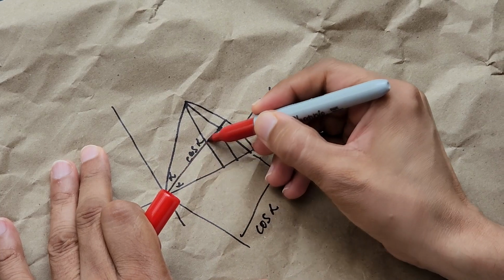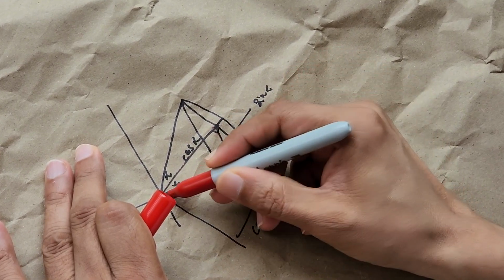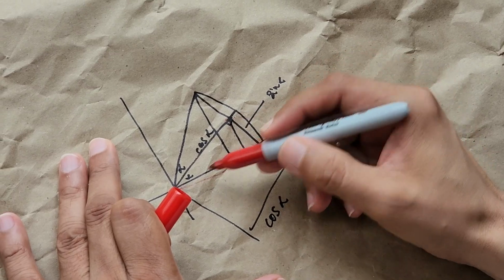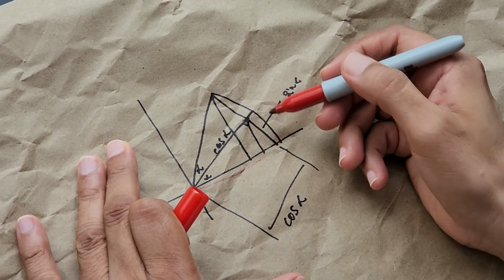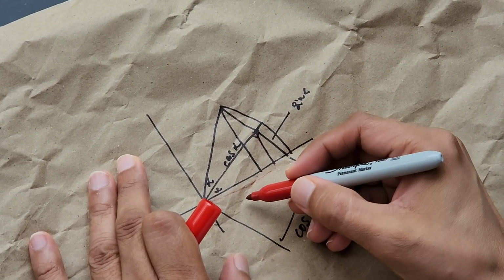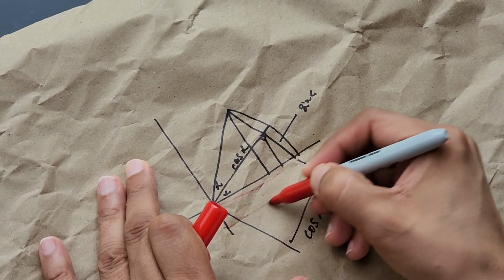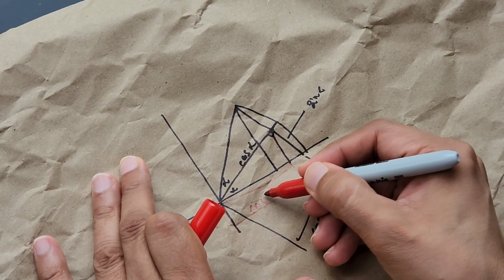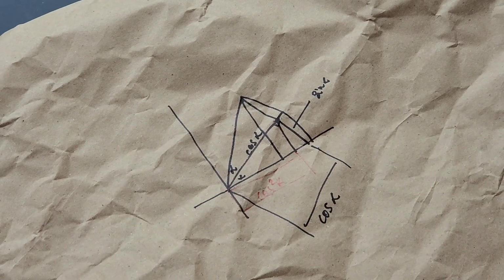Looking at this triangle, which is a right triangle with an angle alpha and a hypotenuse called cosine alpha, we can see that this length is cosine square alpha.